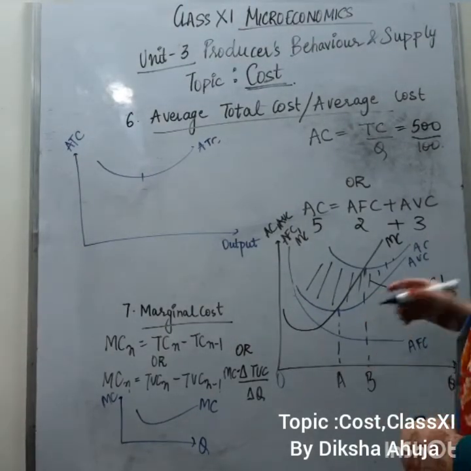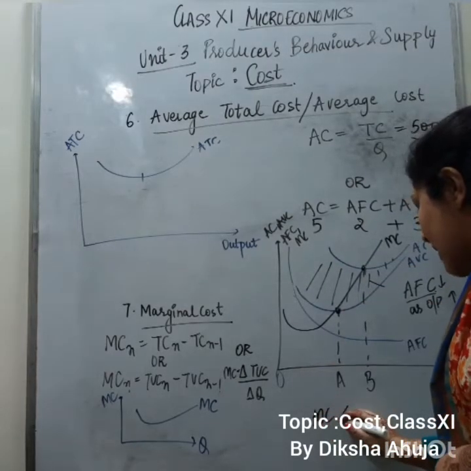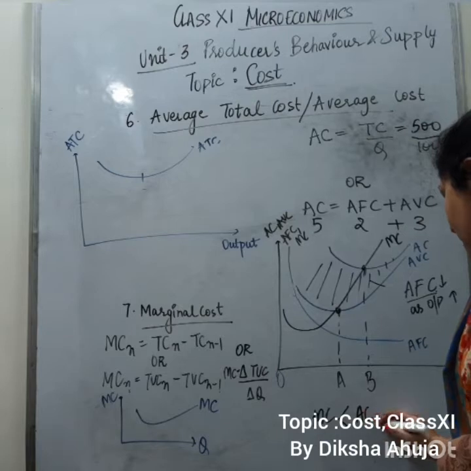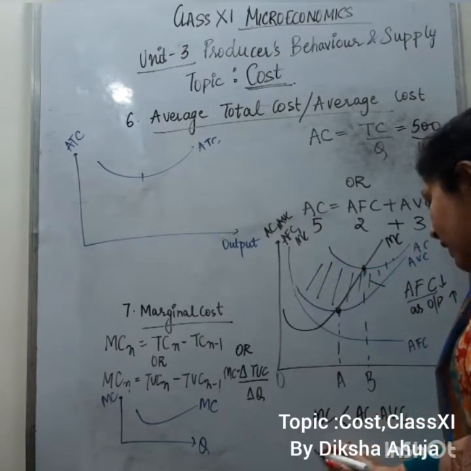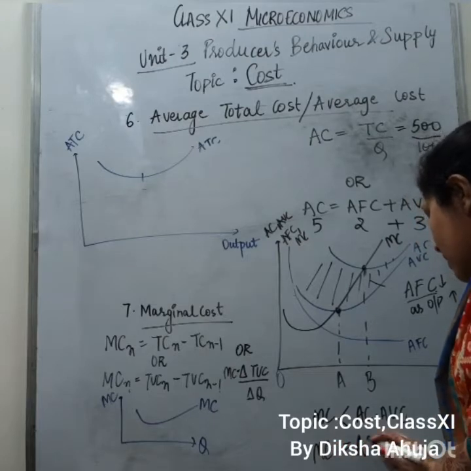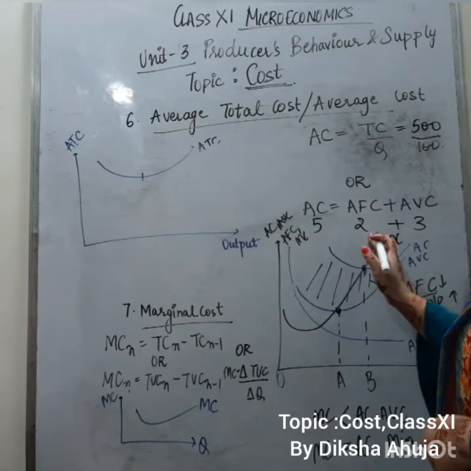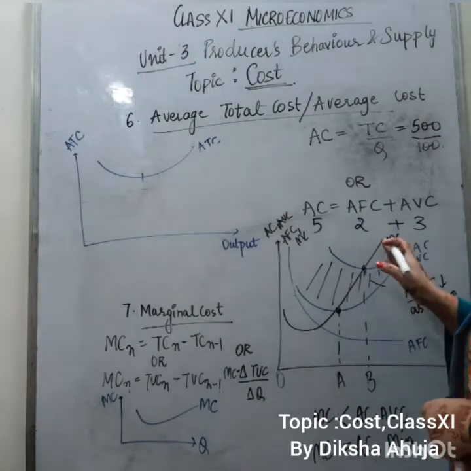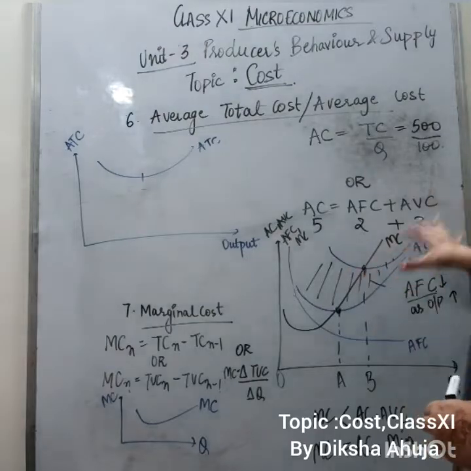And this is the relationship: when MC is less than AC and AVC, these both fall. When these are equal, MC is equal to, let's say, AC, then AC is minimum, right? And when marginal cost is greater than average cost, then these curves rise. So this is the relation between these four.